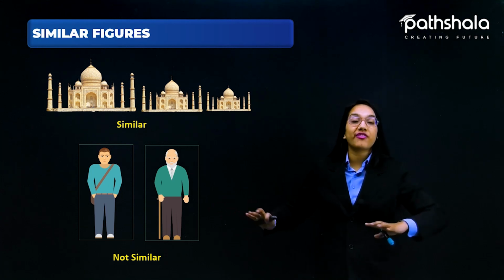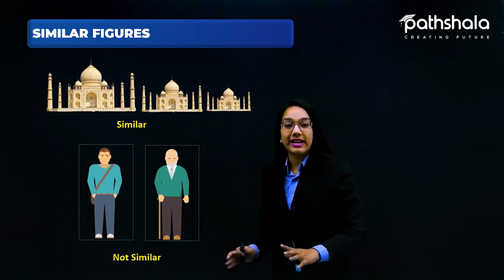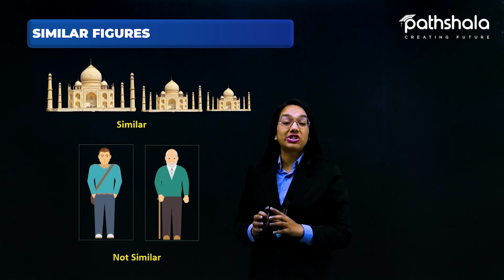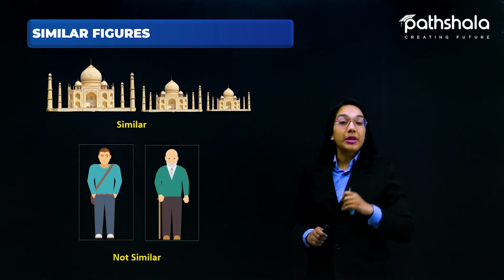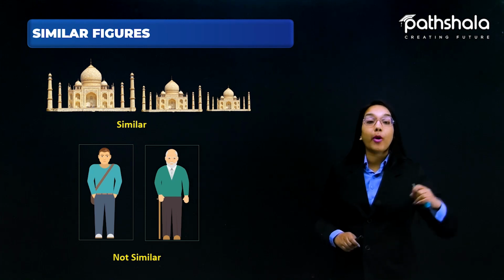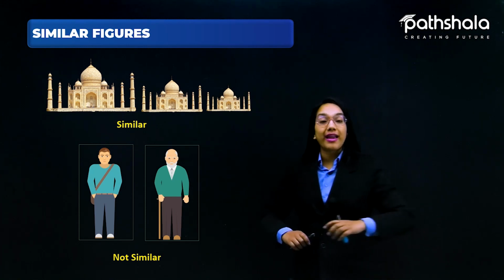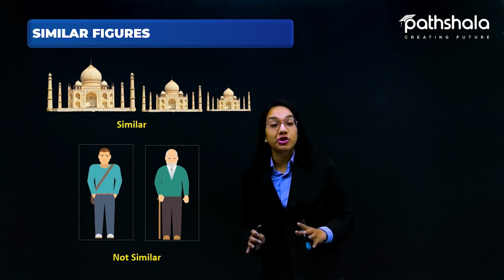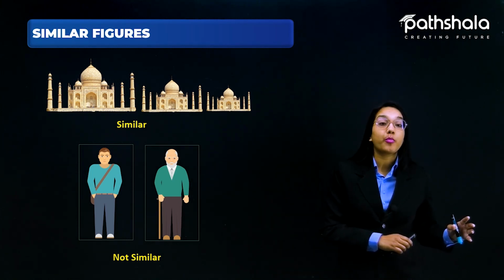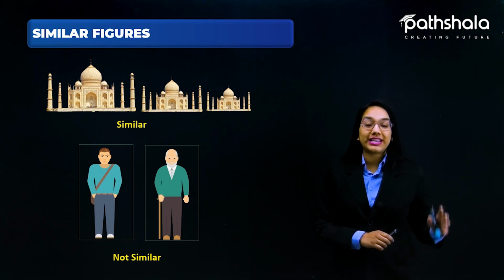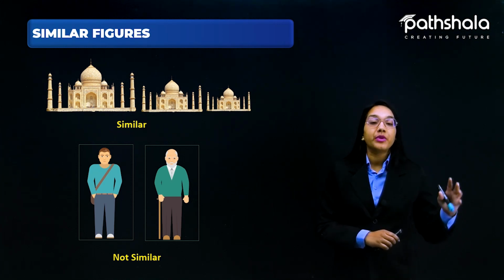So let us suppose I'm applying all these criteria that I am taking to judge whether these images are similar or not to the polygons, because our main concentration in this chapter is on the polygons. So what can we say at the end about the polygons?